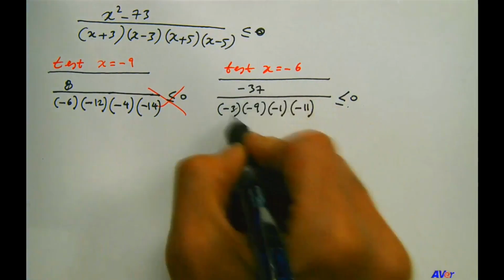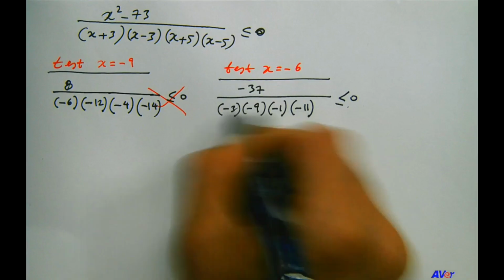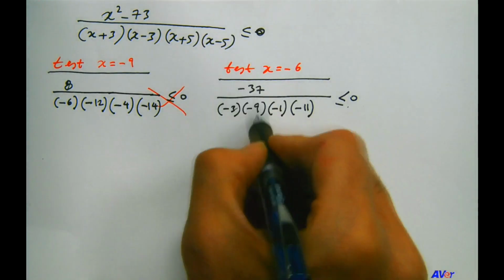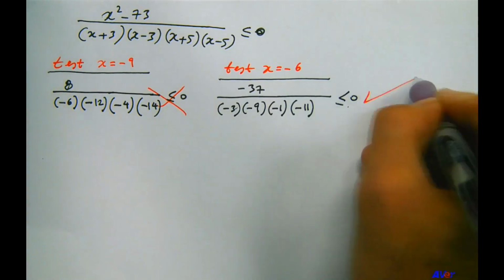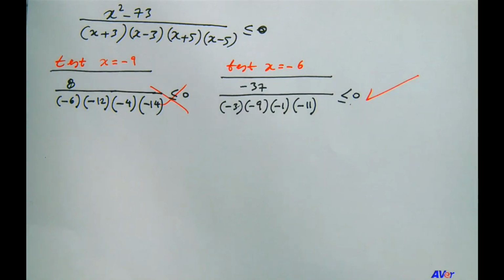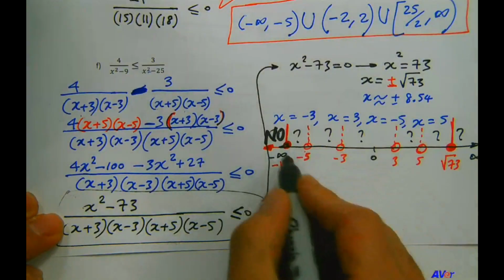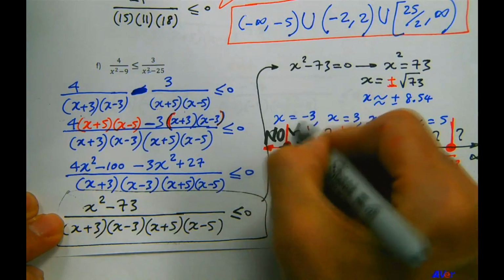We have 4 negative numbers multiplied, which gives a positive value, and then we have minus 37, a negative number, divided by a positive, which is negative. So yes, this checks out. Let's go back to the graph. So here, between negative square root of 73 and negative 5, yes.